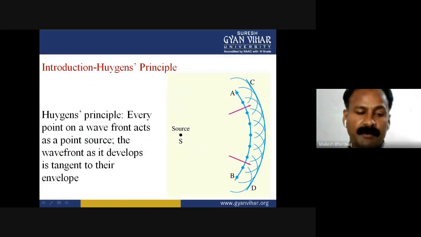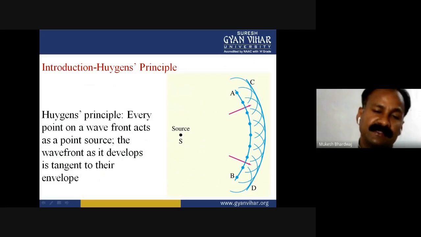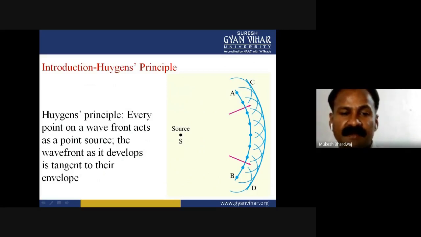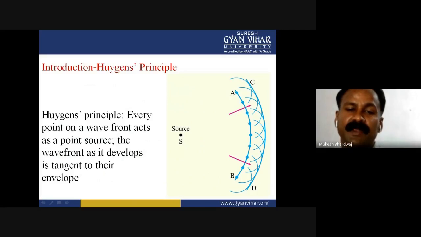According to it, light propagates in the form of wave fronts, and each point of this wavefront acts as a source of secondary wavelets. When a wavefront emitted from the light source is incident on the slits S1 and S2, the secondary wavelets are emitted by the parts of the wavefront exposed by the slits.